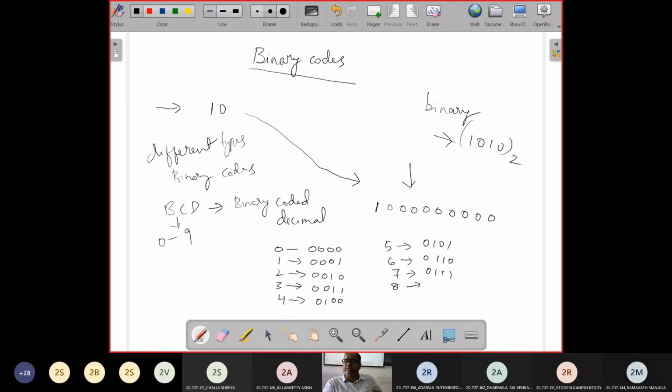And finally 8 is 1 followed by 3 zeros, 9, then 10.